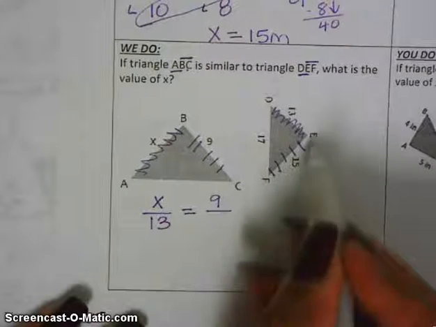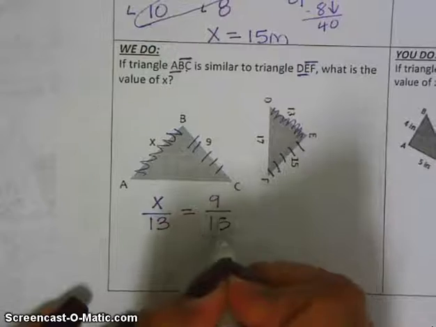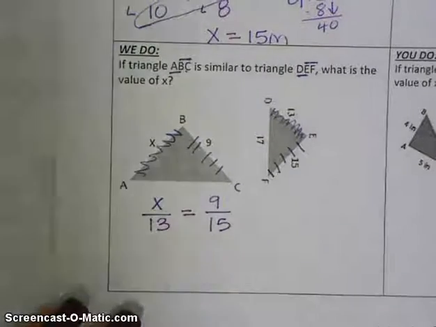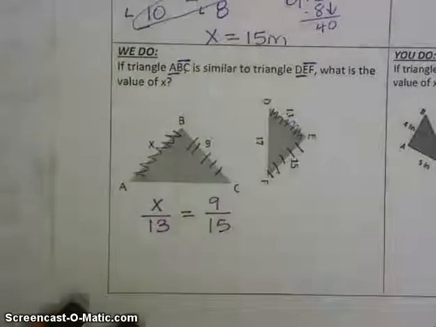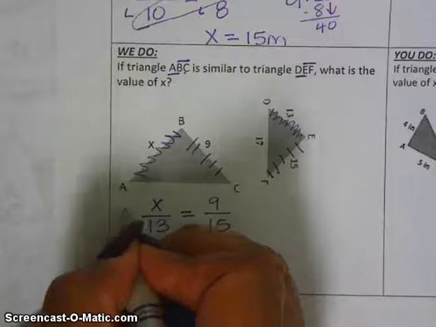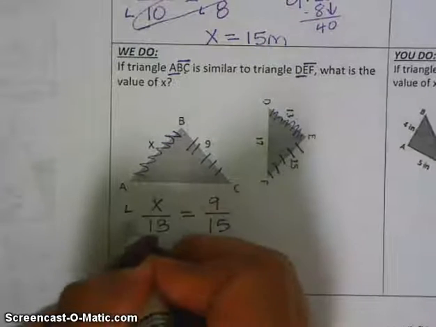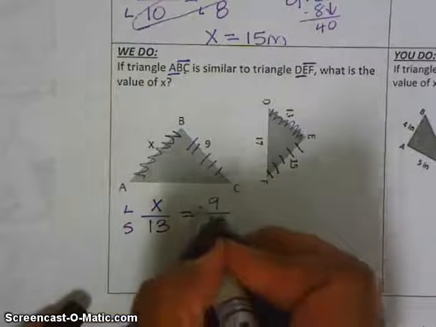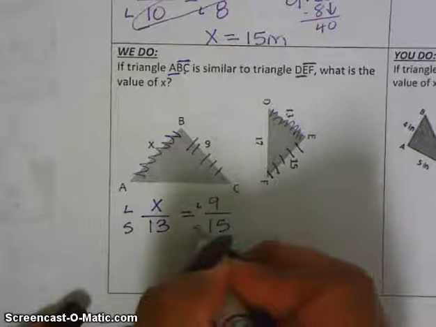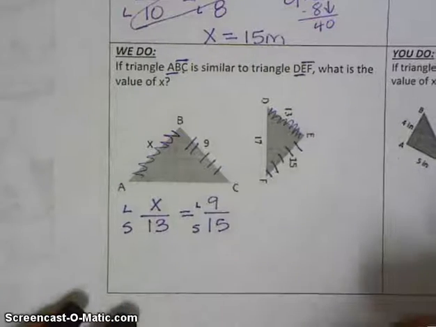And the stitching on the small triangle is 15. Okay, so I want to make sure that I set up my proportion correctly. I started with the large triangle, and then I went to the small triangle. I came back to the large triangle, and then I went to the small. So I know that my order is correct.